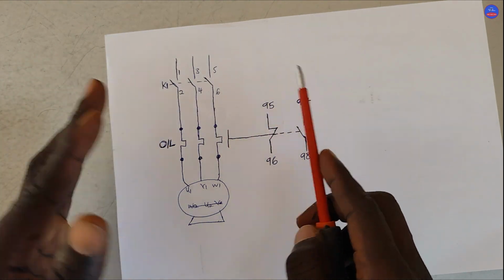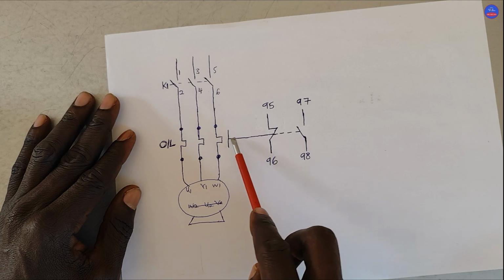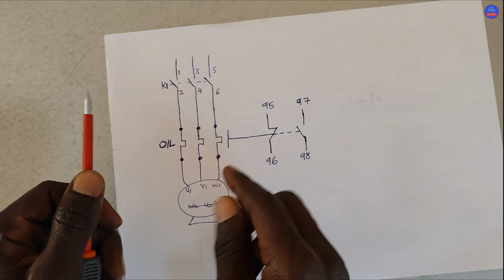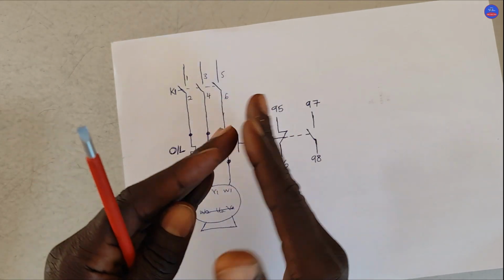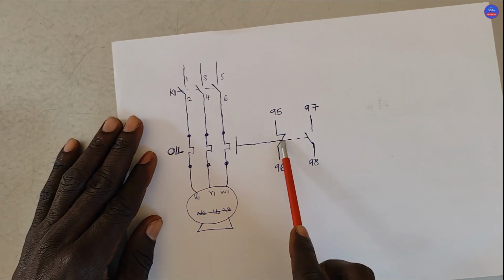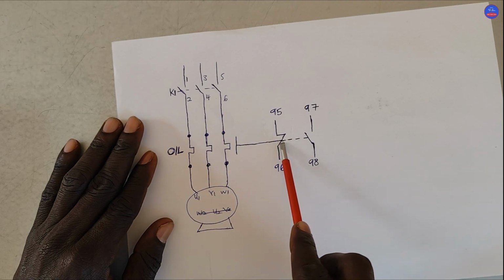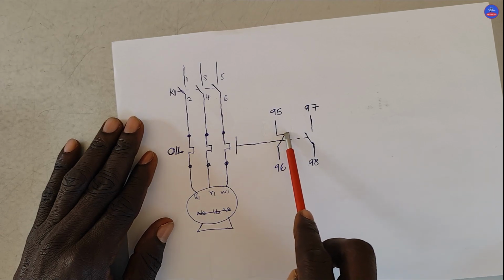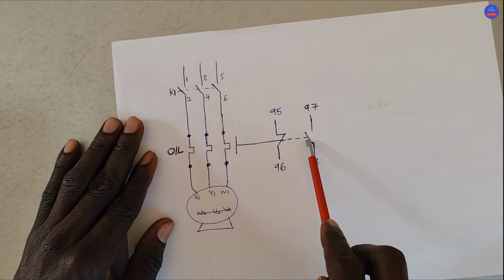It works more or less like a thermostat. The moment this bar gets heated, it will affect this one, and then this bar would bend. Whichever way it bends, it pushes this contact. In that case, the 95-96, which is normally closed, will become open, and the 97-98, which is normally open, will become closed.